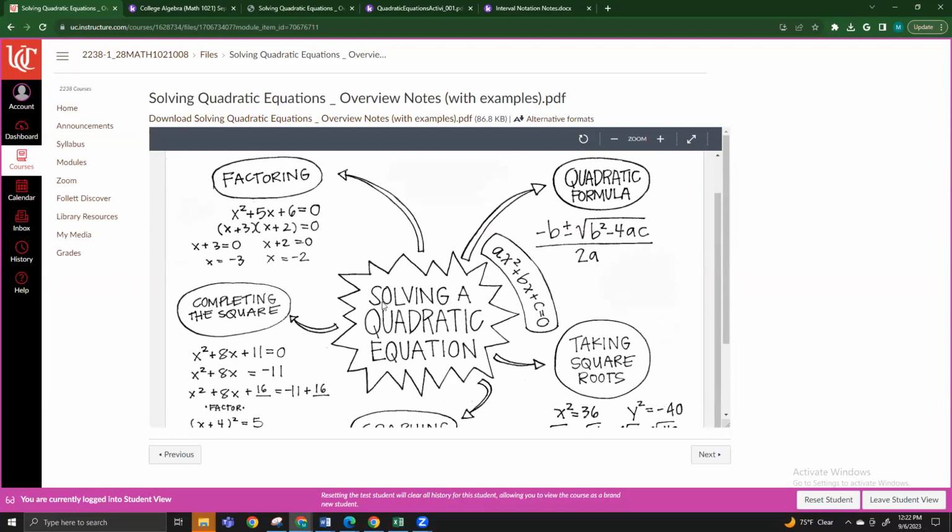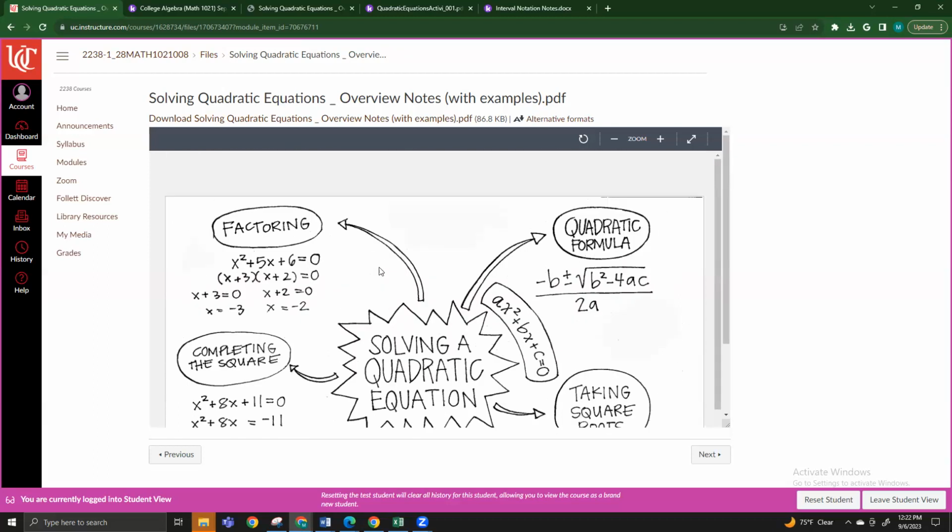When you're solving a quadratic equation, yes, you can use the quadratic formula. However, I prefer you don't. On the quiz, you're going to be solving a couple of quadratic equations. If you use the quadratic formula for both of them, I will not give you any bonus points. If you use one of the other ways of solving quadratic equations, I will give you a possible bonus point on the quiz.